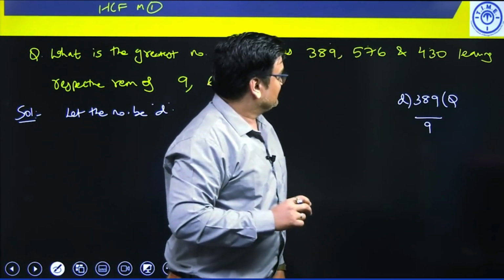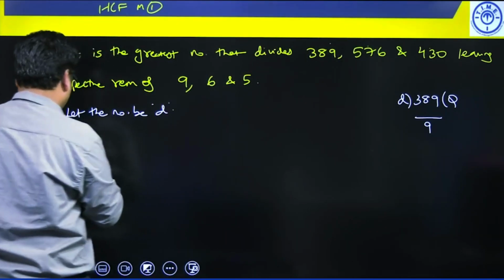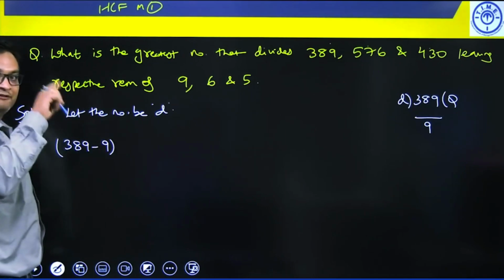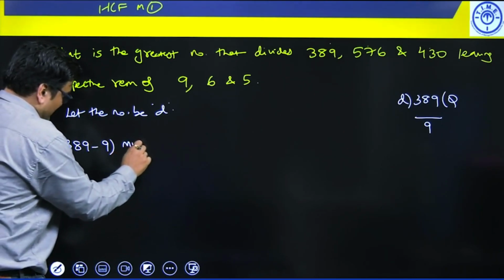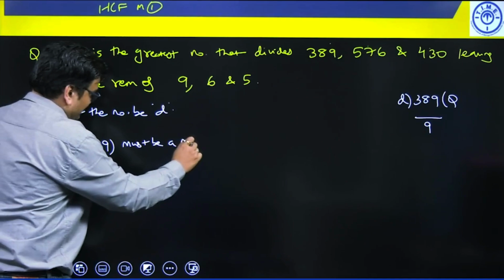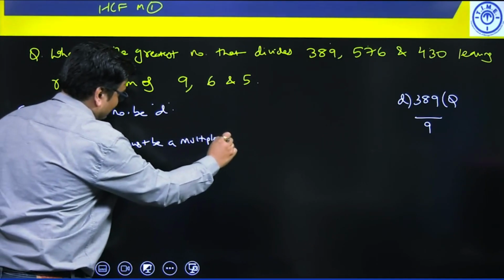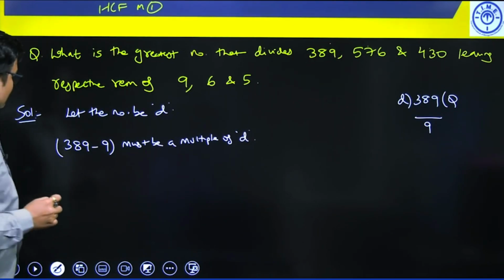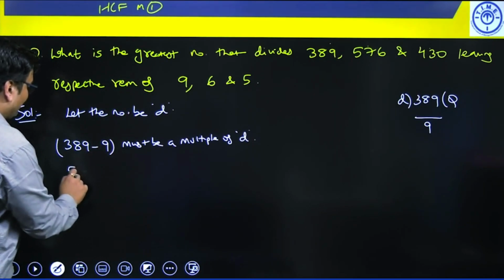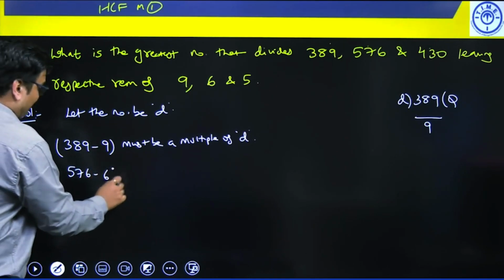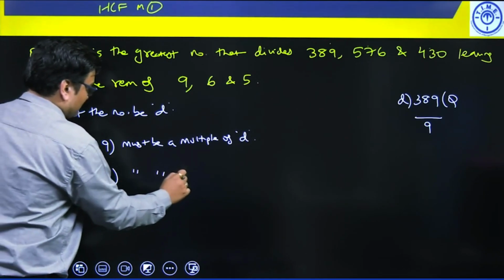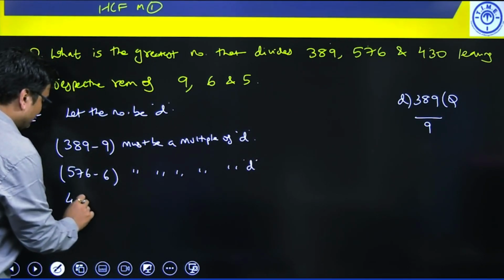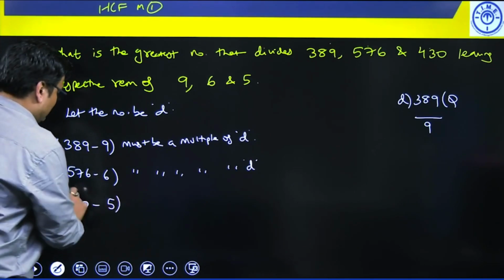So can we say based on this division, 389 minus 9, so basically dividend minus the remainder, must be a multiple of d? Similarly 576 minus 6 must be a multiple of d, and likewise 430 minus 5 should also be a multiple of d.